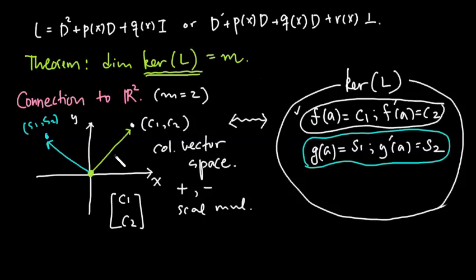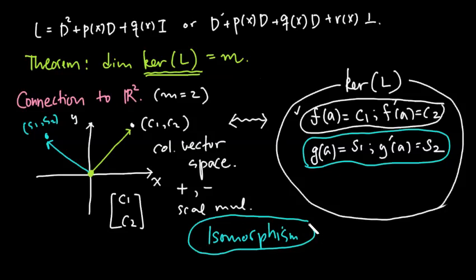Each column vector, or each point, has a one-to-one correspondence with a unique function, because if you choose any pair of values, there will be a function that matches those conditions. So these two worlds as vector spaces behave exactly the same. We use a fancy word in mathematics called isomorphism. So this is an equivalent object in the category of vector spaces.